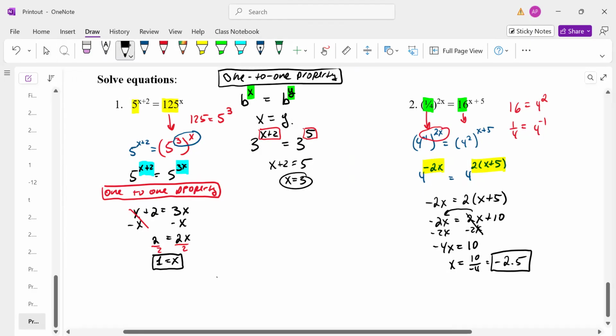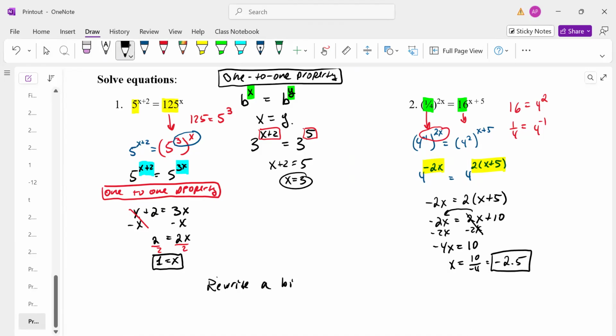So rewrite a bigger base as a smaller number. What I mean by that is we looked at 125, we rewrote it as 5 to the power 3. We looked at 16, we wrote 16 as 4 squared. So we're making the bigger number into smaller. But with 1/4, it went the other way around, but we just made our power negative.